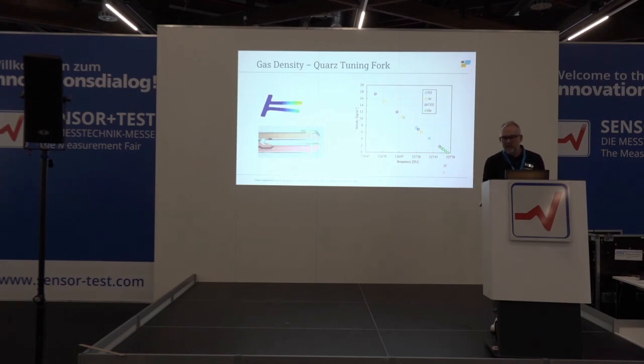So helium at low pressure is nearly vacuum. And if you increase the pressure and the density and use heavier gases like CO2, the frequency goes down, so you can measure density. That's the typical calibration of what we do in our company. So we have different gases at different temperatures, like 0 to 60 degrees, or even minus 10 to 60 to 70 degrees.